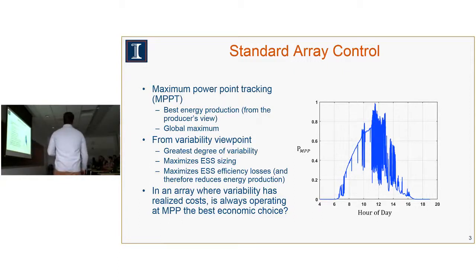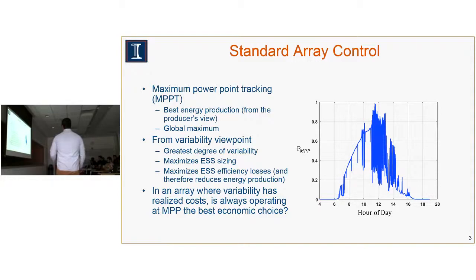But from a variability viewpoint, this also maximizes your variability because you're just tracking whatever the sun's doing. In our current situation, that's fine because variability out of a solar array is not really penalized by a utility or the government. But in the future, as solar capacity increases, we could begin to see restrictions placed on arrays.